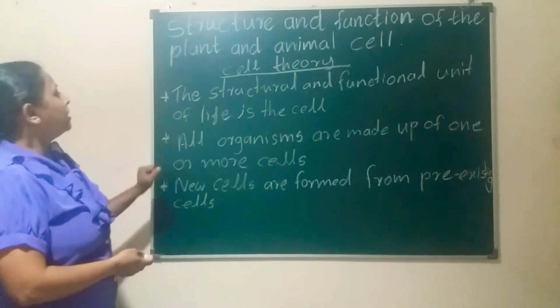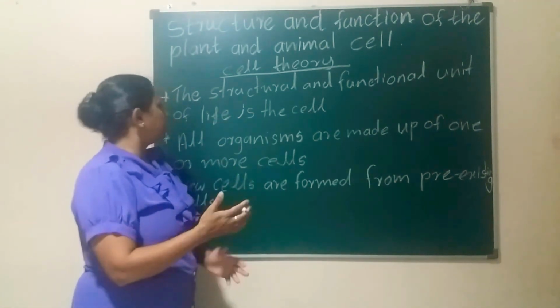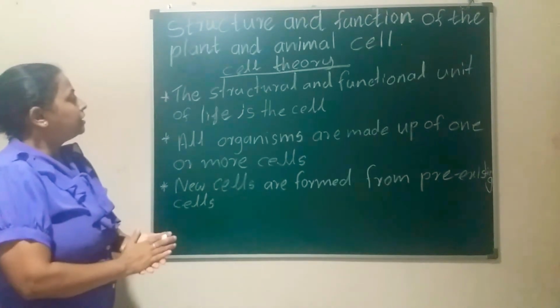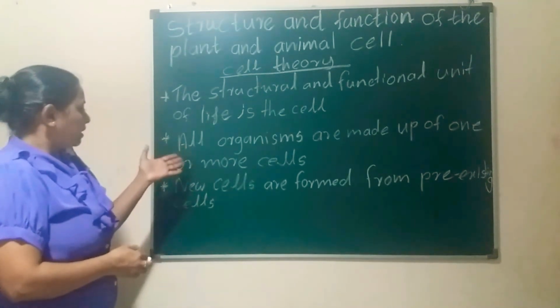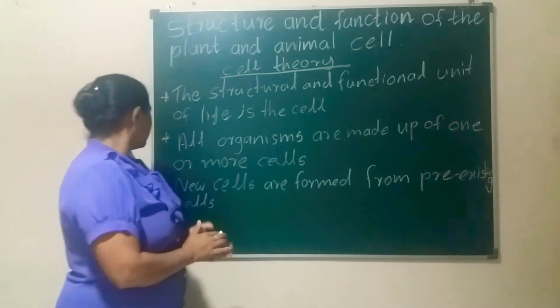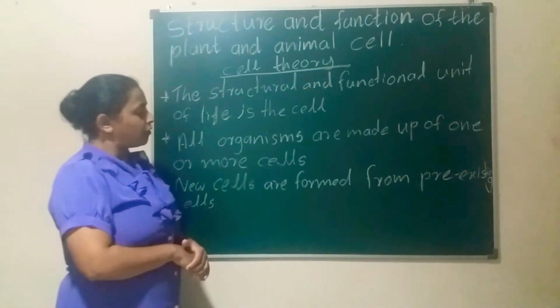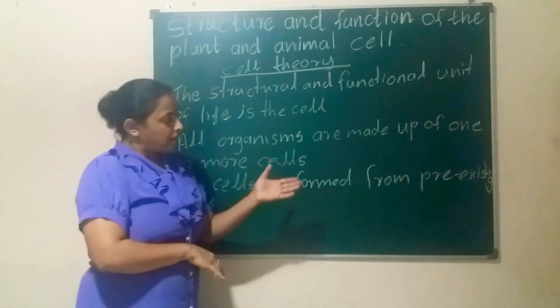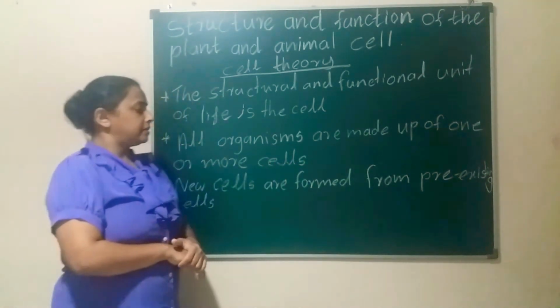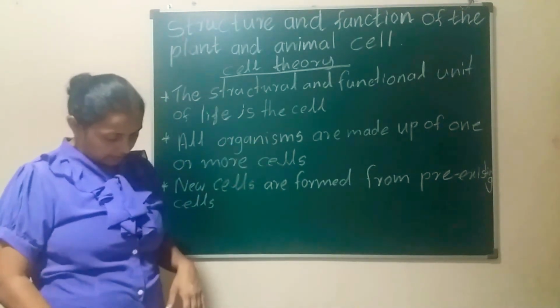What is the structural and functional unit of life? The cell. Second one, all organisms are made up of one or more cells. Third one, new cells are formed from existing cells. Right. That is cell theory.